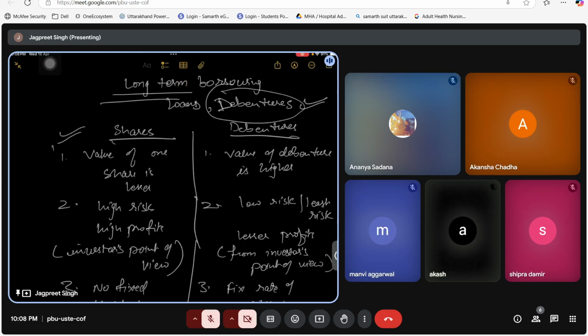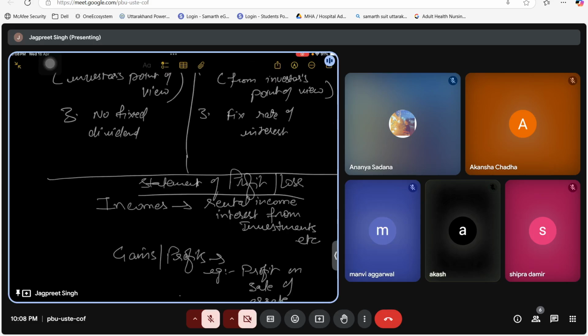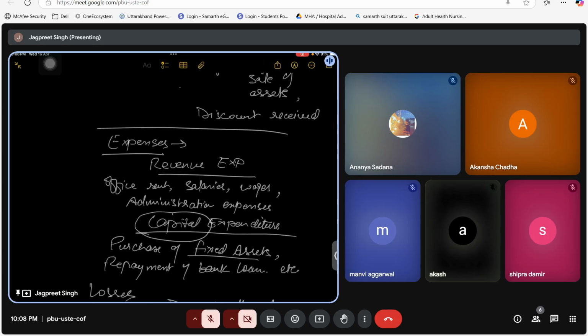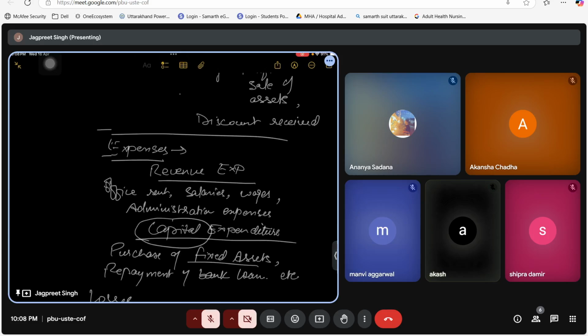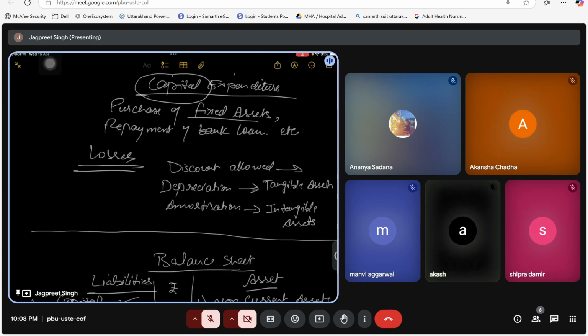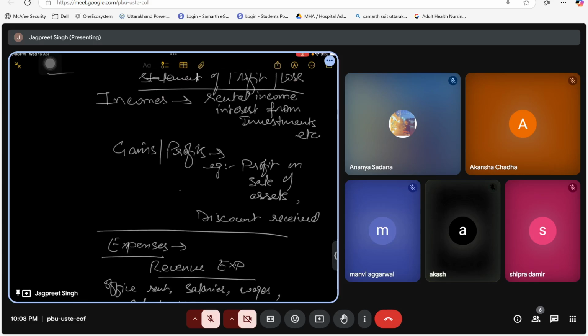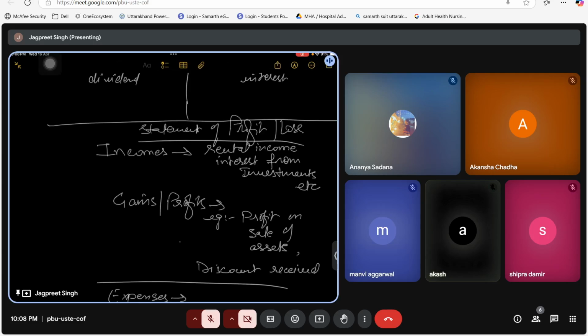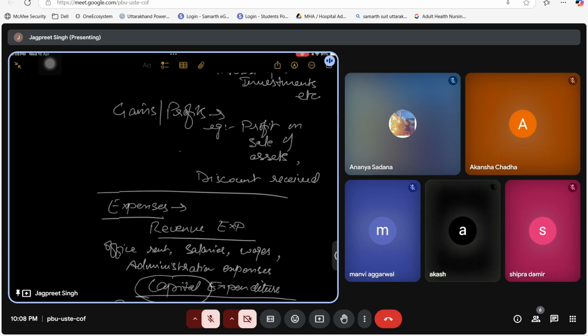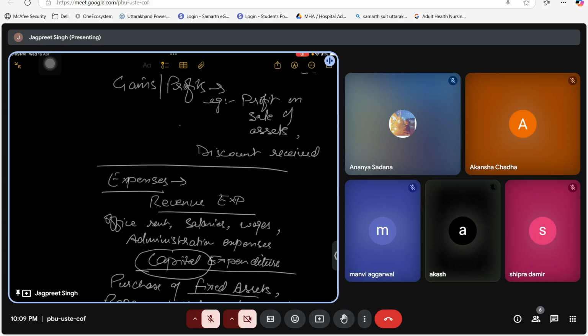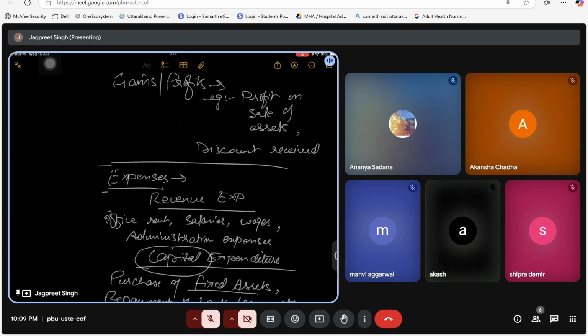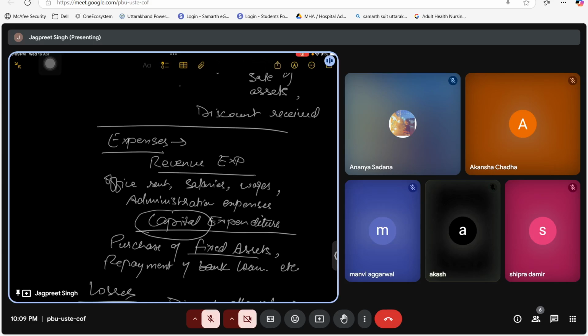Yesterday we were doing some concepts of a profit and loss trading account, and I'll just recall in short all the things which we discussed yesterday. We discussed the few terms of assets and liabilities, non-current assets and non-current liabilities, which are the long-term assets and liabilities, for example, plant, machinery, land, building, furniture.